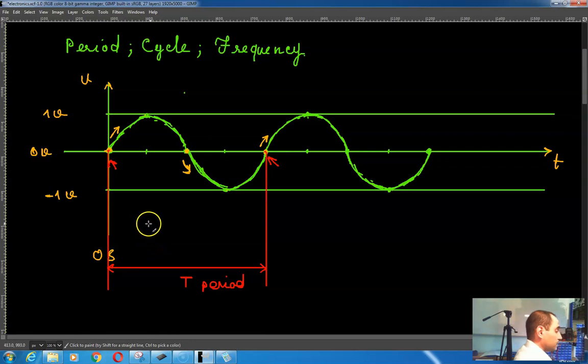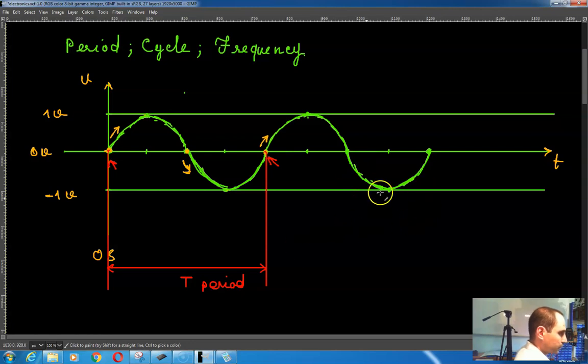Now, there is also the frequency, and the frequency is a measure of how many complete cycles you have in 1 second.